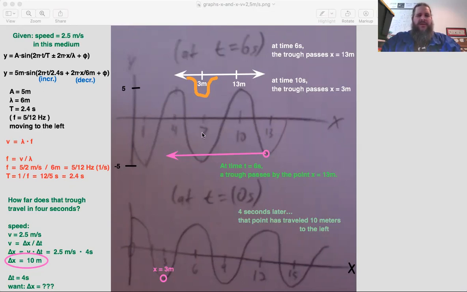Oh, okay. On the other hand, if it was moving to the right, then x would also be increasing as time passes. So you'd have an increase and an increase. If you added those, it would just get bigger and bigger. So we would want to subtract so that the increase minus the increase balances each other out. So ultimately, that's why we want the changes to balance each other out if we're keeping track of one crest or one trough as it moves.